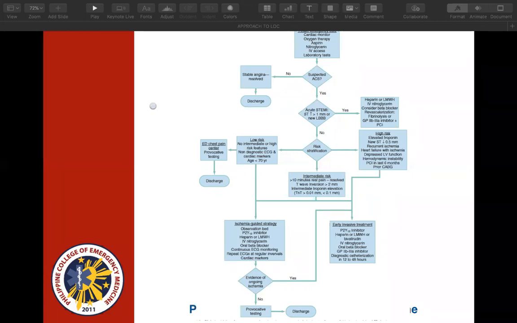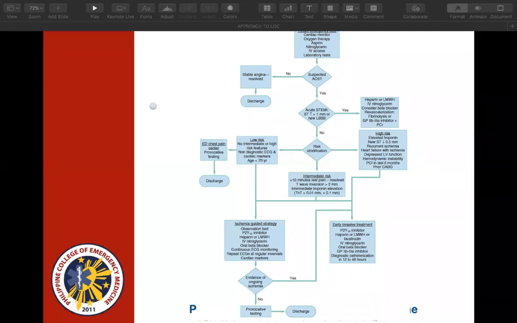If you have the classic findings of an acute STEMI, then you can start giving heparin and IV nitroglycerin. You can also consider giving beta blockers or doing revascularization, or endorse the patient to a specialist, a cardiologist, for PCI.